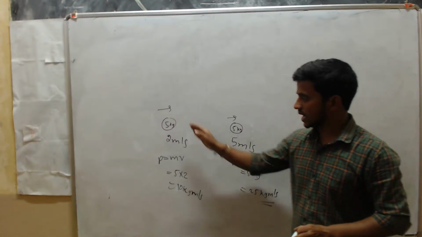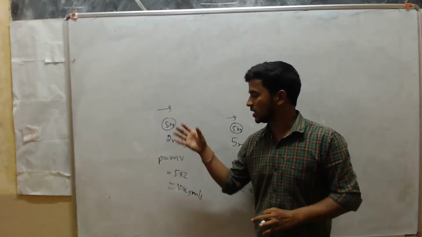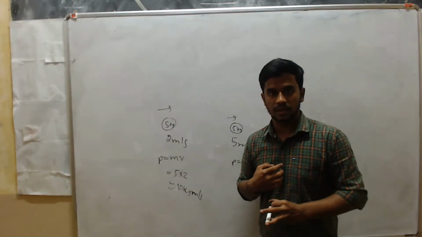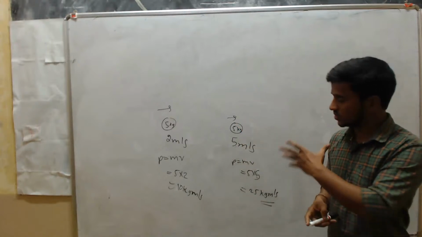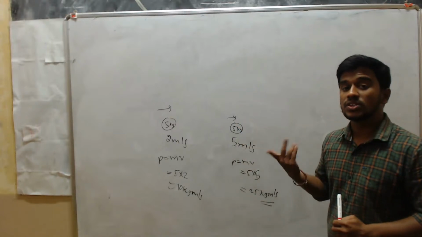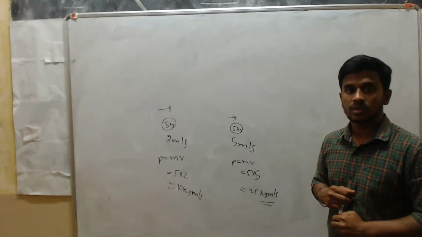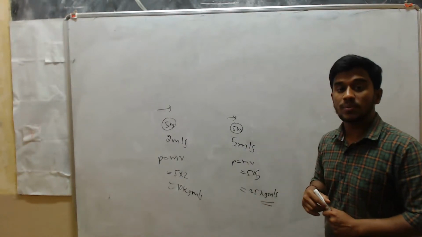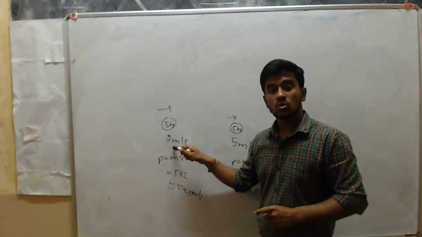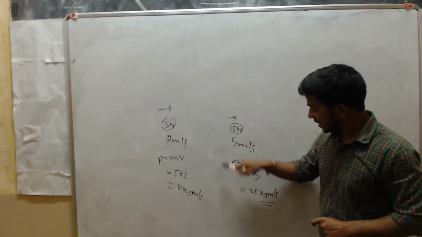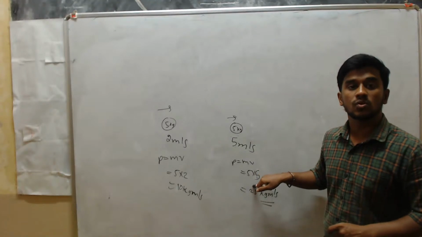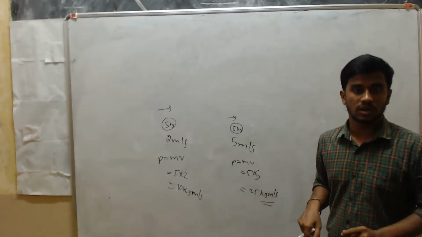In the second case, because here it is moving with 2 meter per second, but here it is moving with 5 meter per second. So its momentum is more, and that's why you will get more hurt.